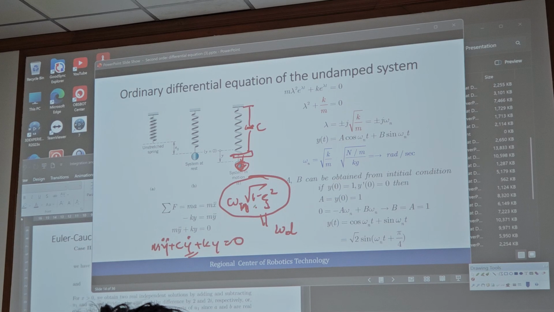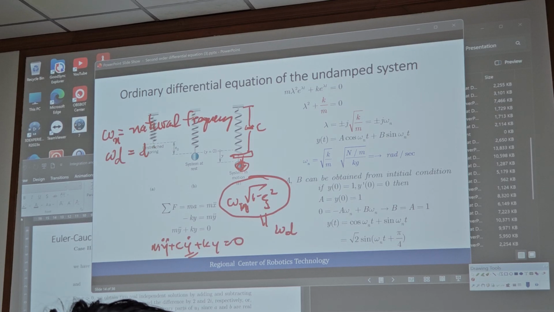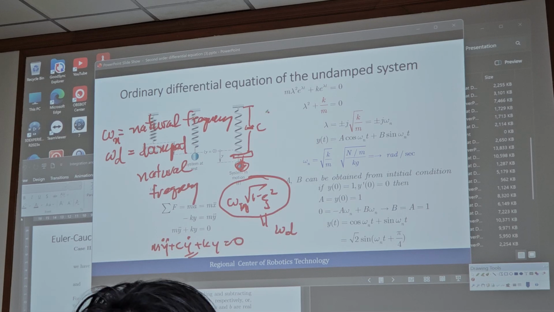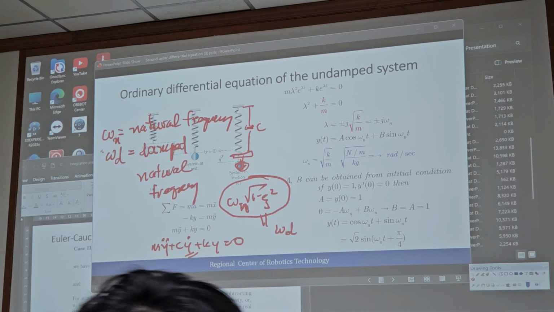Omega n stands for natural frequency, and omega d stands for damped natural frequency. So if you have c here, you have a damped natural frequency.